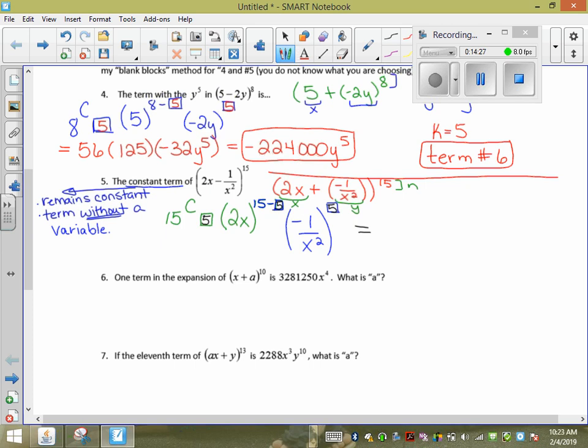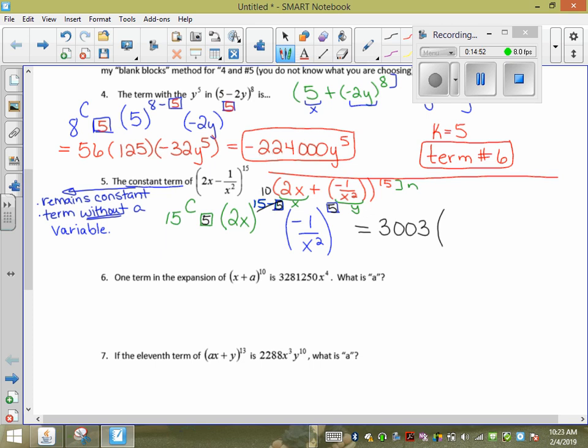What's 15C5? And then this is 15 minus 5, which is actually 10.